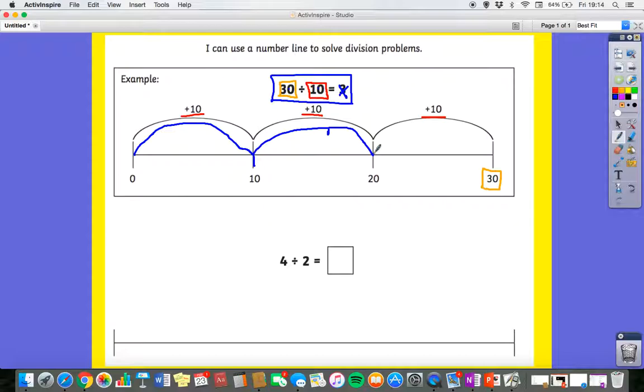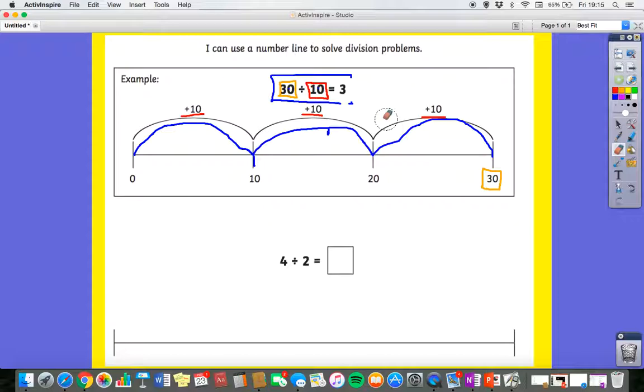Okay, so two jumps to 20, and my third jump of 10 takes me to 30. So I have completed 1, 2, 3 jumps. So why is the answer 3? Because I wanted to get to 30, I was dividing 30 by groups of 10, so I did jumps of 10. I did 3 jumps, so my answer was 3.